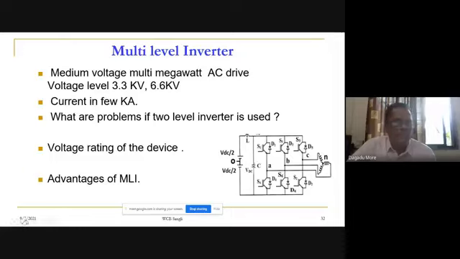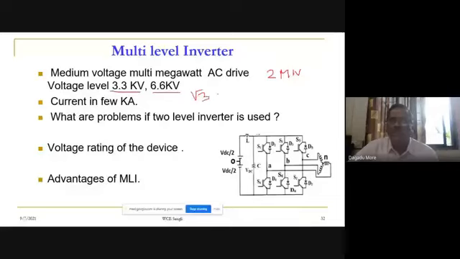And the rating of the motor may be 2 megawatt. The voltage rating will be 3.3 kV or 6.6 kV, and the power rating is 2 megawatt. From that you calculate the current using root 3 VL IL cos phi.